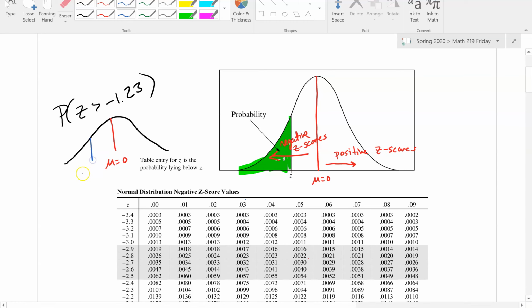So there's a z-score of negative 1.23. I want probability, so I want area under the curve, and I'm looking for the probability of getting a z-score larger than that. So again, it's everybody to the right. Don't forget, your z-table tells you the left area here. So let's find where this is on the z-table, negative 1.23.